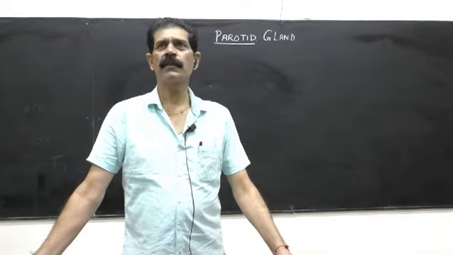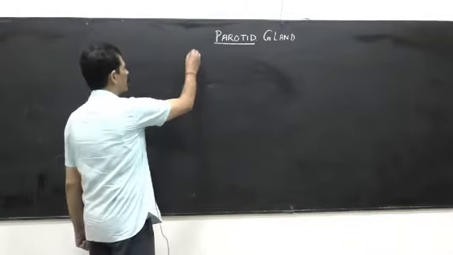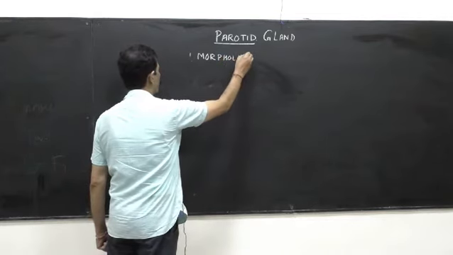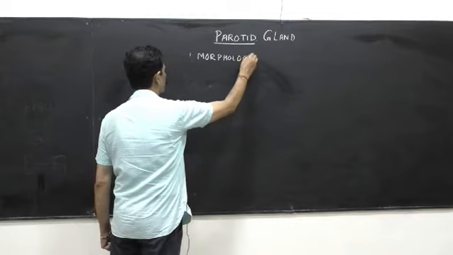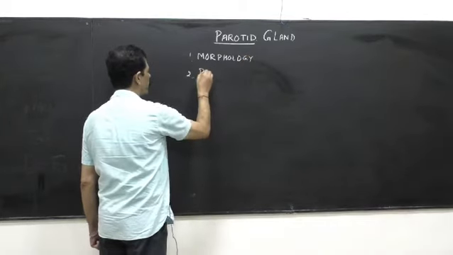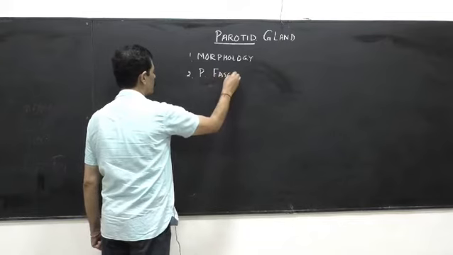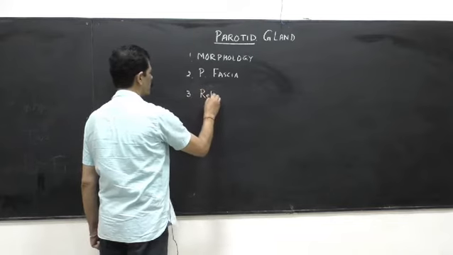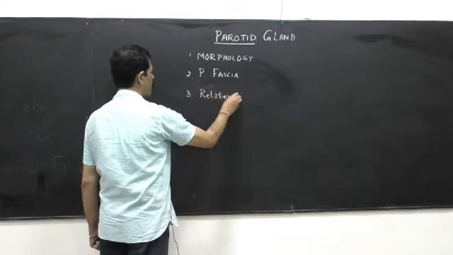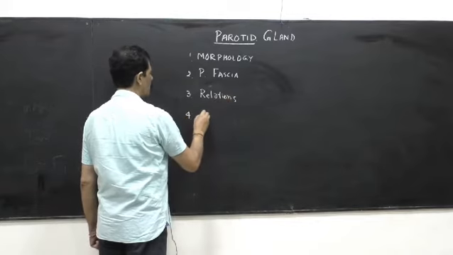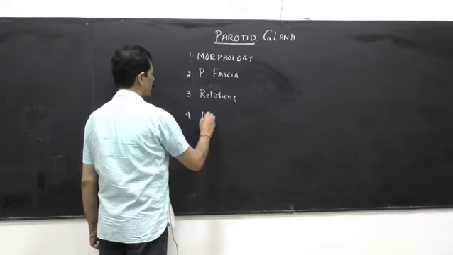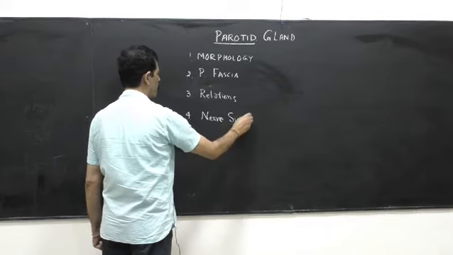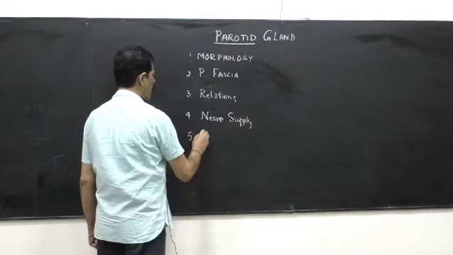We will discuss this parotid gland under the headings of: number one, the morphology; then comes the parotid fascia; third, the relations; then its nerve supply; and last is the applied.